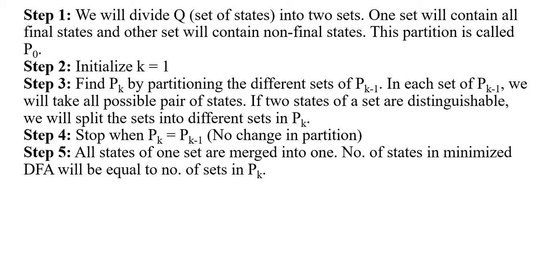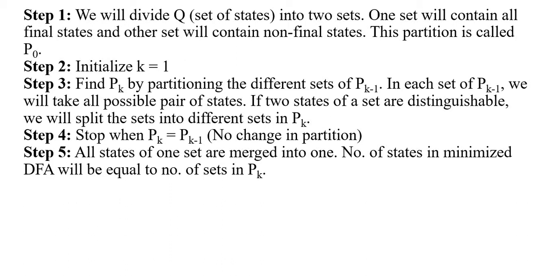For example, two states q1 and q2 are distinguishable in partition Pk for any input symbol a, if delta(q1, a) and delta(q2, a) are in different sets in partition Pk minus 1.